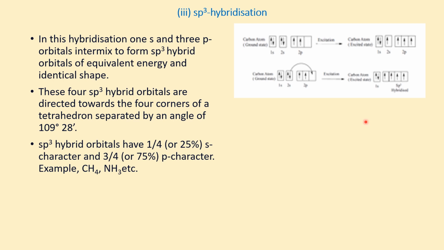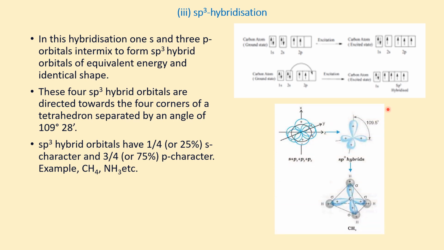So, for hybridization, when it gets excited, the carbon 2s and 2p combine to form the four sp3 orbitals as shown in the figure.